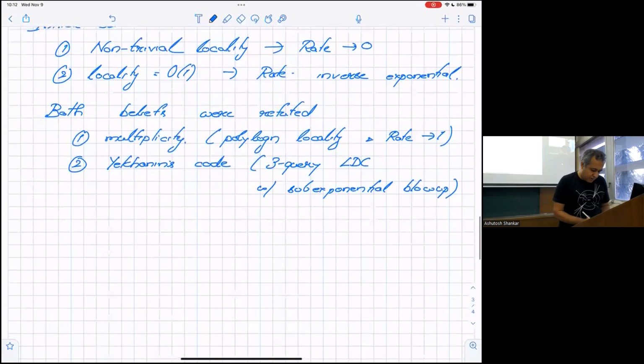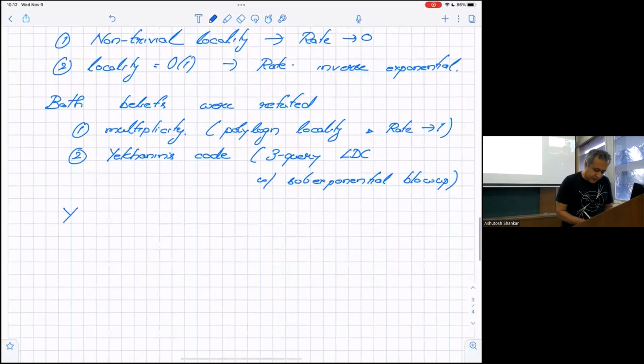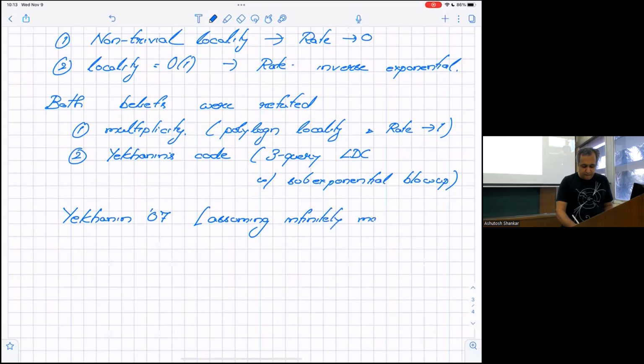So Yekhanin gave this. We won't exactly look at Yekhanin's construction. Yekhanin did this in 2007, and he didn't give an unconditional construction. He gave a construction assuming infinitely many Mersenne primes exist.